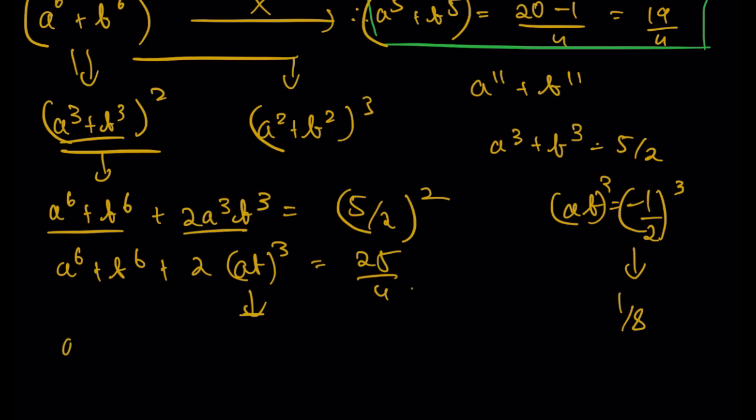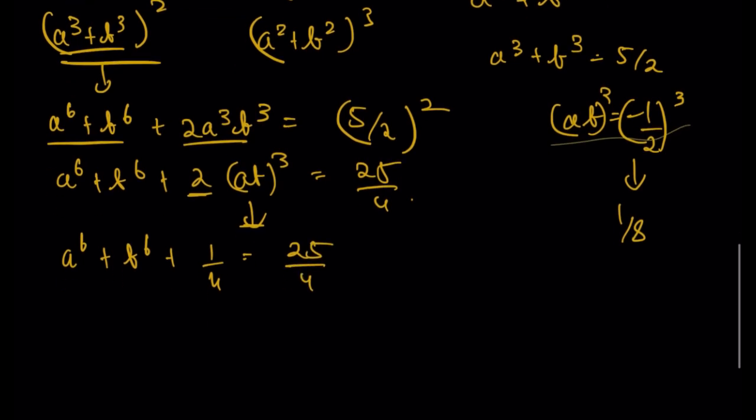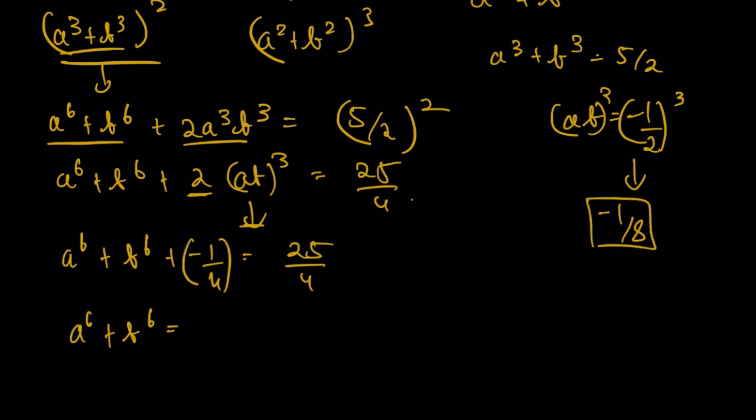So a power 6 plus b power 6 plus 1/4, because it gets cancelled with 2, it becomes 1/4, equals 25/4. Taking it to the RHS and subtracting, a power 6 plus b power 6 becomes, just a minute guys, this would be minus because this thing is minus. If you cube -1/2, this becomes minus, my bad. So it becomes -1/4. If you take it to the RHS, it becomes positive, ultimately adding, that is 26/4.